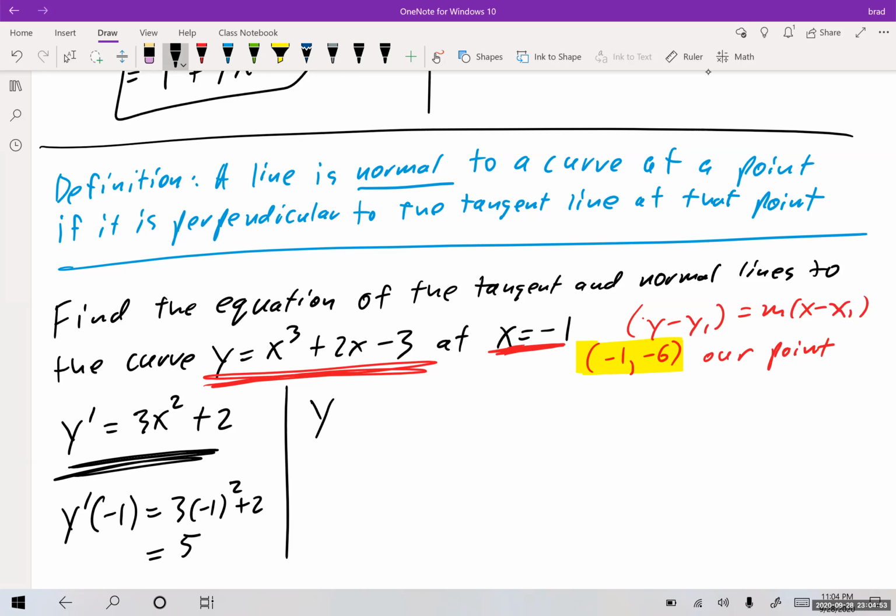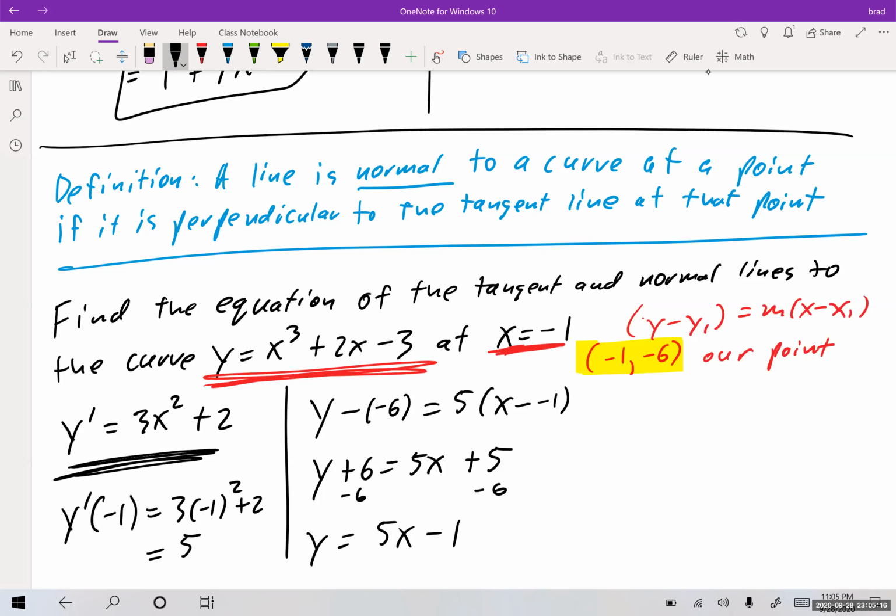So now we're going to do y minus (-6) equals m, which is 5, times x minus (-1). So we end up with y equals 5x minus 1.